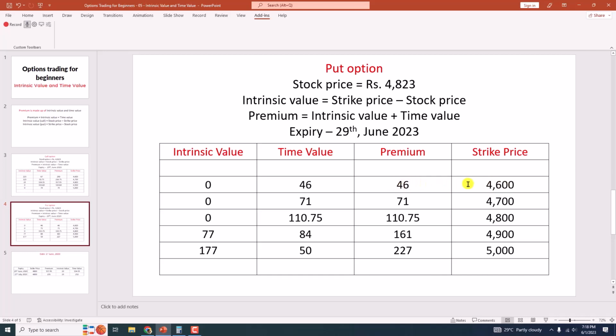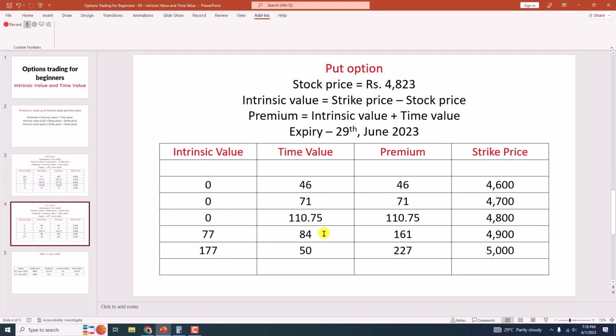So I will not exercise my option. That is what I am going to say. So the intrinsic value is 0 here, meaning if the option that I bought expires today, I will not get anything, and I will lose my premium also. That is what intrinsic value means.